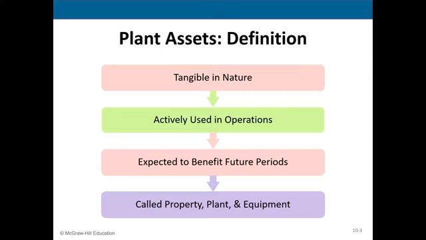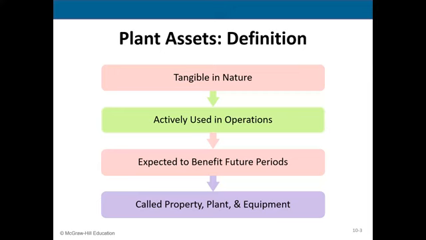So, for example, in the restaurant business, those of you who have ever worked in a restaurant or been to a restaurant, fixed assets at the restaurant would include the restaurant itself, the building. It would include the tables and chairs. That's furniture.